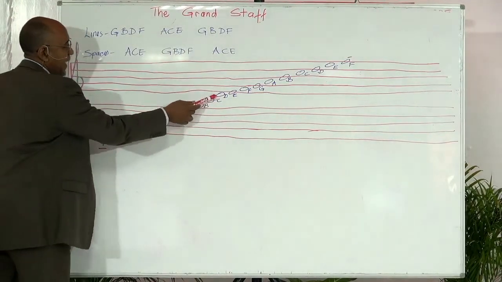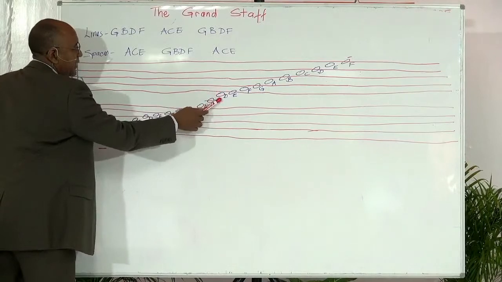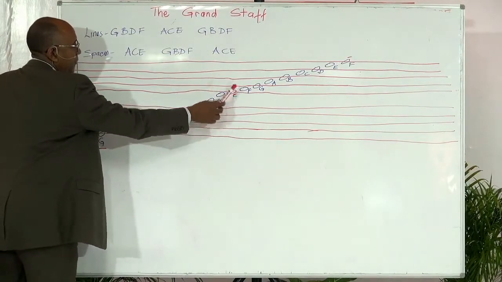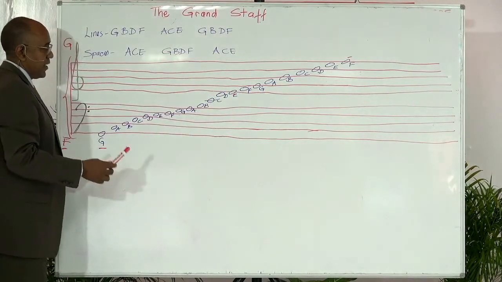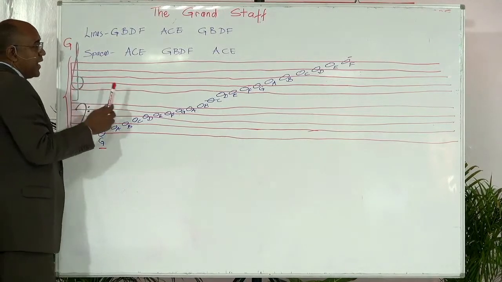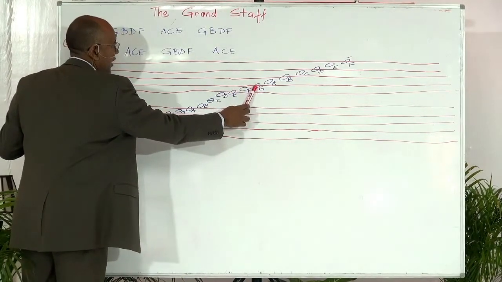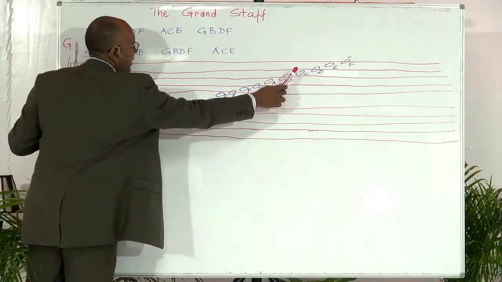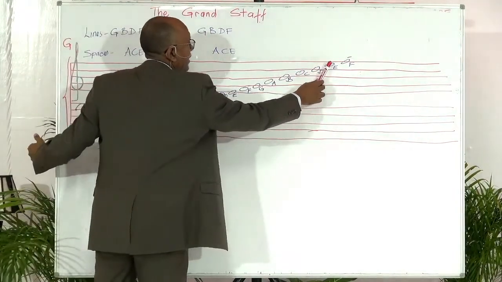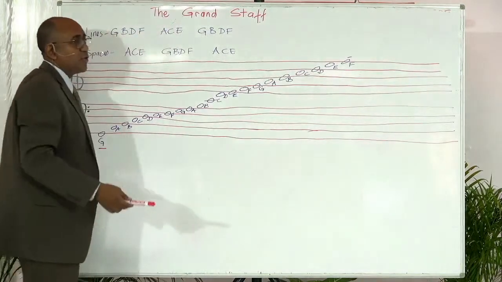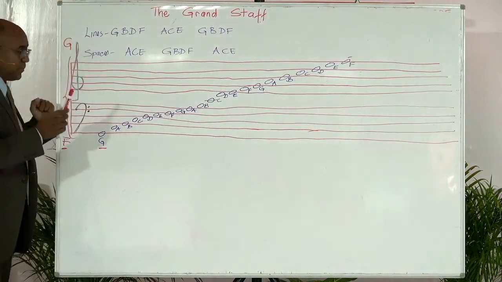Then after that C line is a space, the space just below the lowest line on our G clef, and that is E. Then F in the space, G on the line, A, B, C, D, E, F, if we go from line to space.